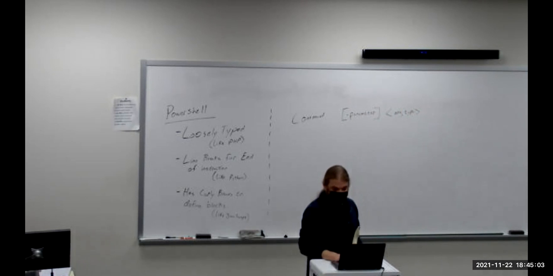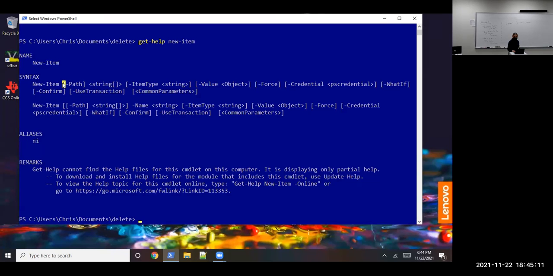So that's what the first one here is. If I share my screen again, the first one here, we have the parameter path, and the square bracket closes, and it's immediately followed by the word string in angle brackets. So that's saying the parameter path needs a string passed into it.